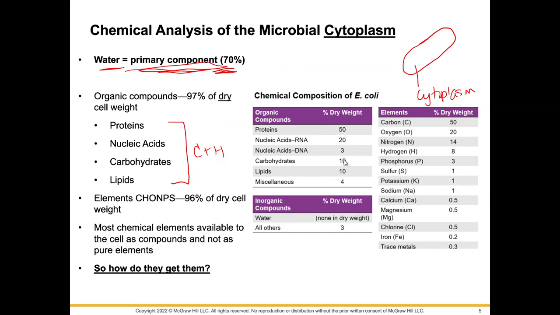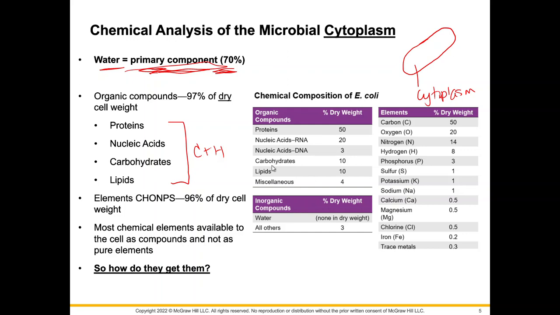So if we look at this chart here from your book, you do not need to memorize the charts, but you should know water is the primary component. 97% of the dry weight is organic compounds, such as these that are listed. You don't need to know the specific numbers, like you don't need to know 50% of the dry weight is protein, 20% is nucleic acids in the form of RNA, and so on. You just need to know this list here. But I'm just showing you where it comes from your text.